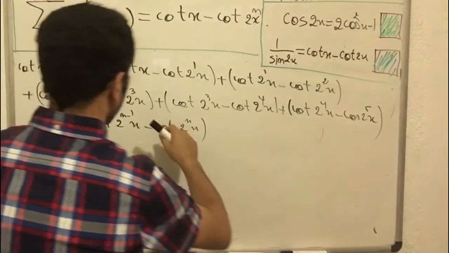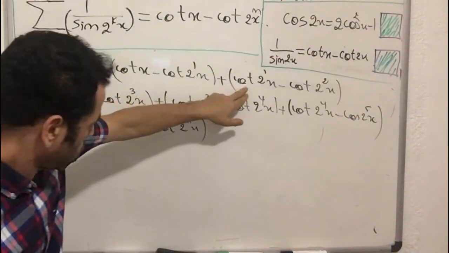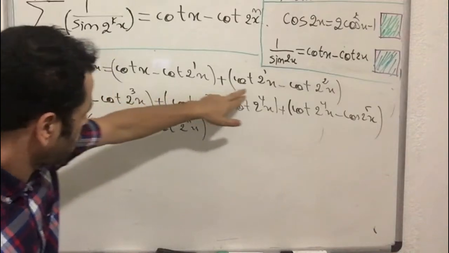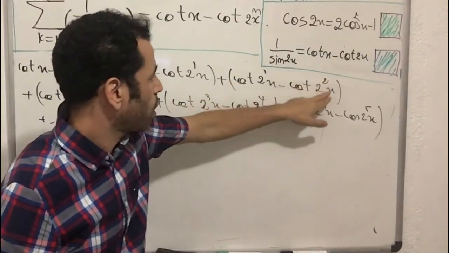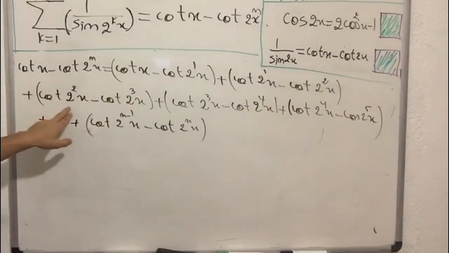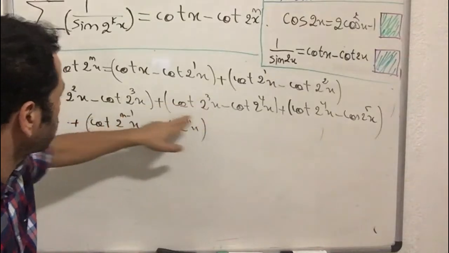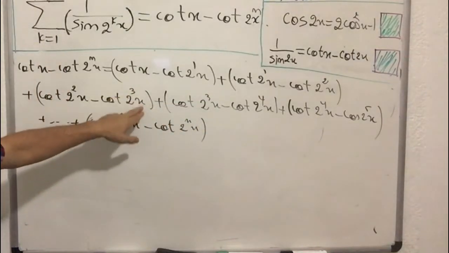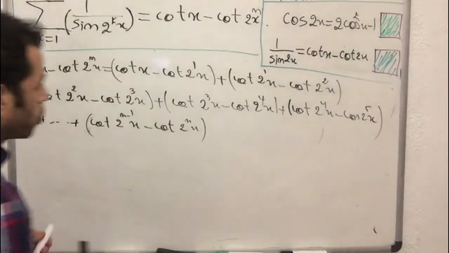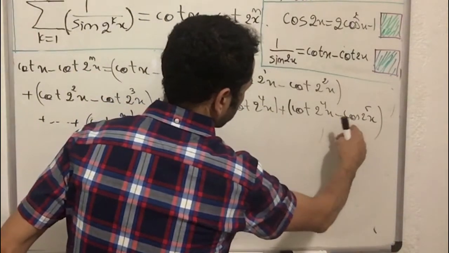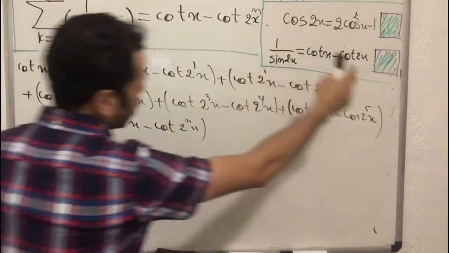So this one will be cancelled out with the first term. Cotangent 2x will be cancelled with cotangent 2x. Cotangent 2 square x will be cancelled with cotangent 2 square x. Cotangent 2 to the 3x will be cancelled with cotangent 2 to the 3x, and so on until you get the last term. The term before the last, cotangent 2 to the 5x, will be cancelled with the term coming after.